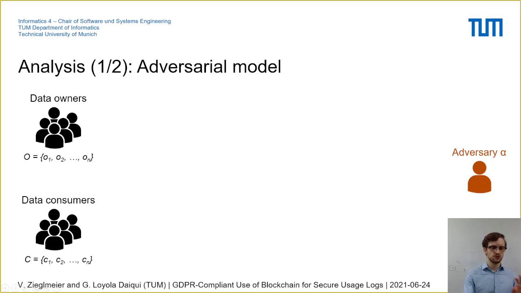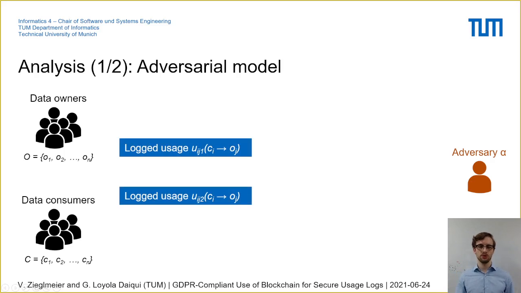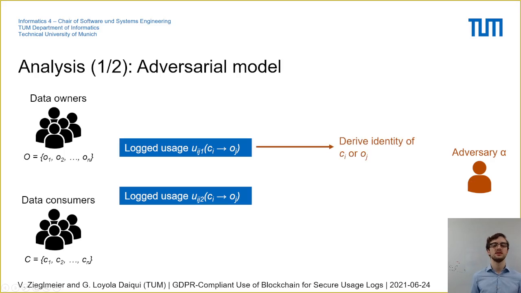Let's assume we have two logged usages, both of them from the same consumer, CI, of a datum of the same owner, OJ. We have UIJ1 and UIJ2. Now the first attack is taking just a single logged usage and trying to derive the identity of CI, attack number 1, or OJ, attack number 2, right?